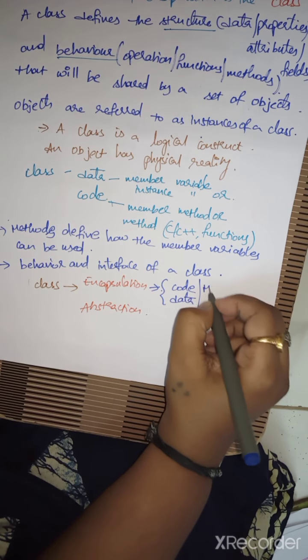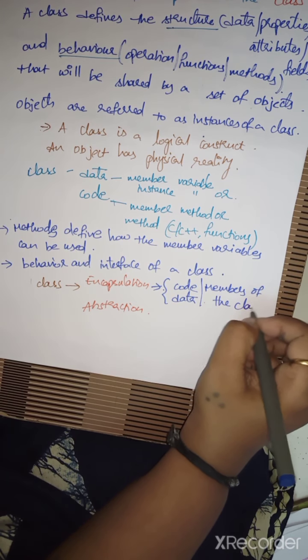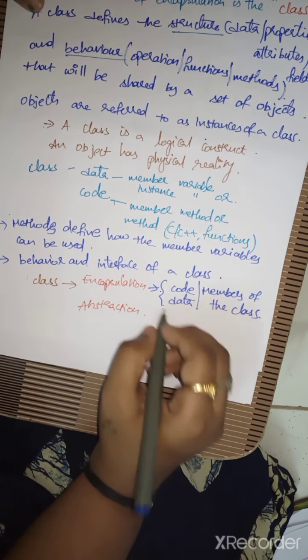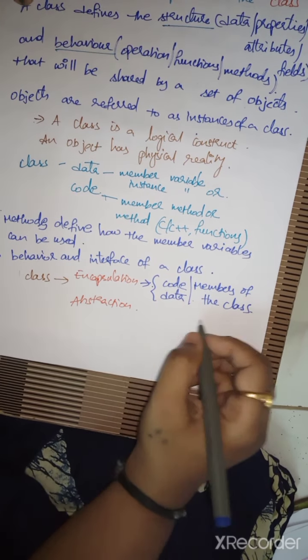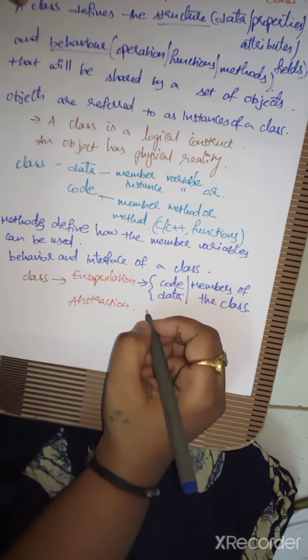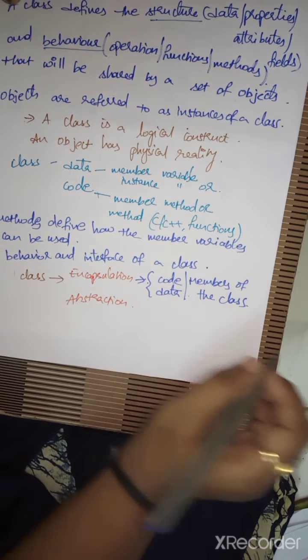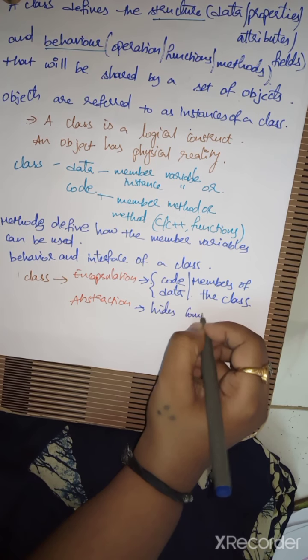You call them members of the class. Abstraction: the implementation details are hidden, and you declare the objects and then work with the methods in order to communicate with the other objects. So, it hides complexity.